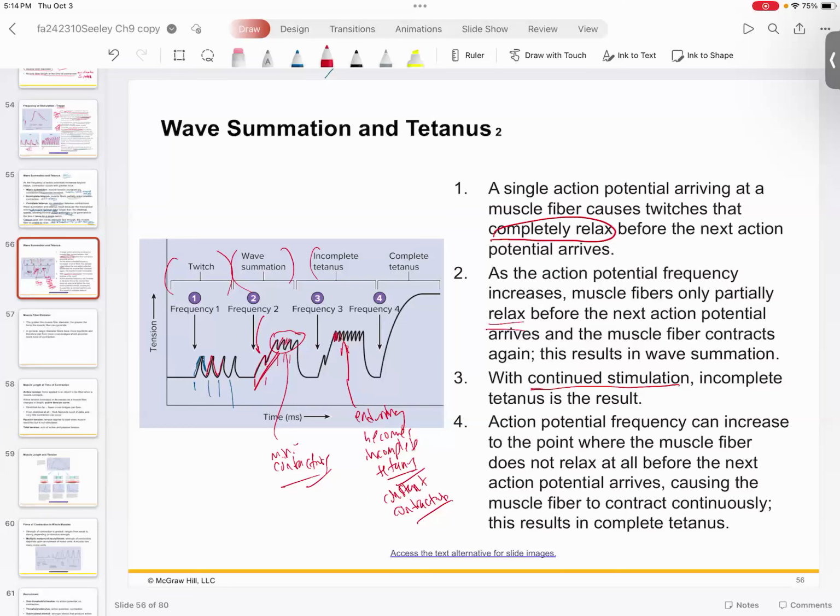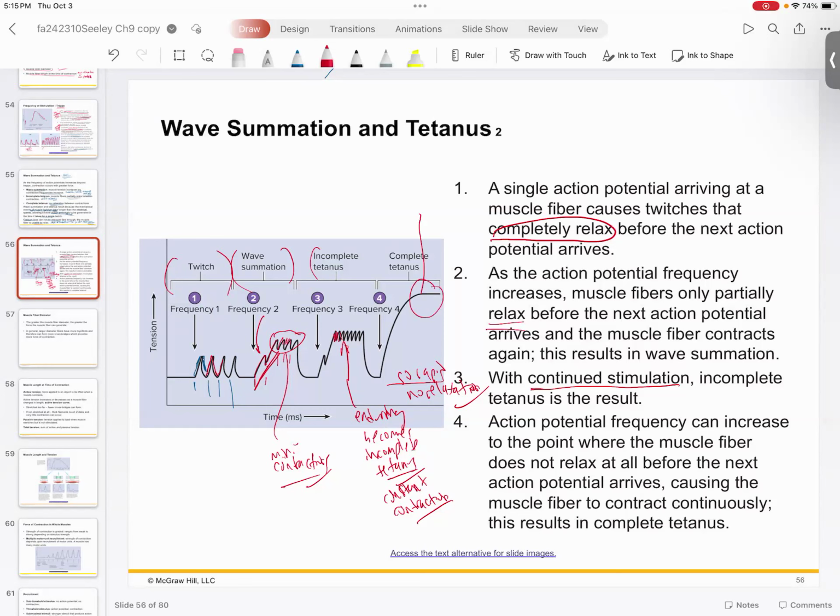And then in complete tetanus, the stimuli are so rapid that there's no relaxation at all. So if there's no relaxation, then all you get is total contraction.